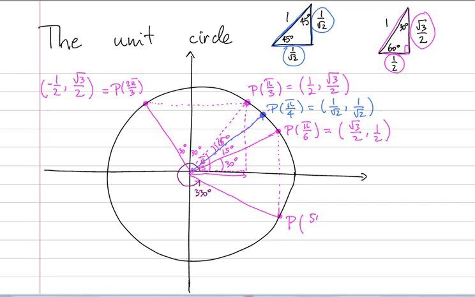You are keeping the x-coordinate the same, so square root of 3 over 2, and then you're mirror imaging. The y-coordinate becomes the opposite, so this is negative 1/2.